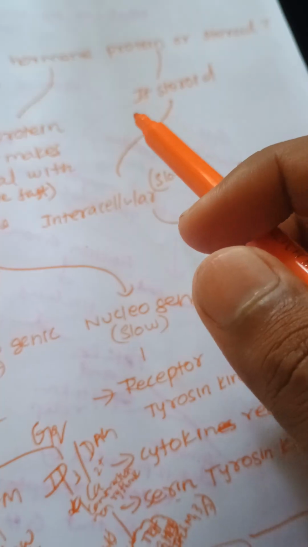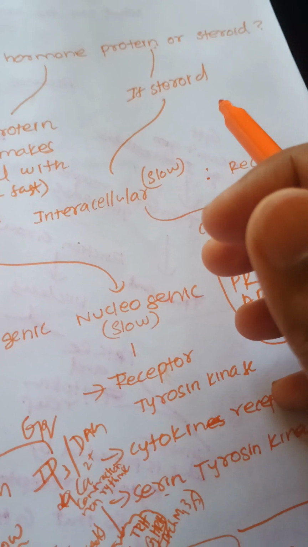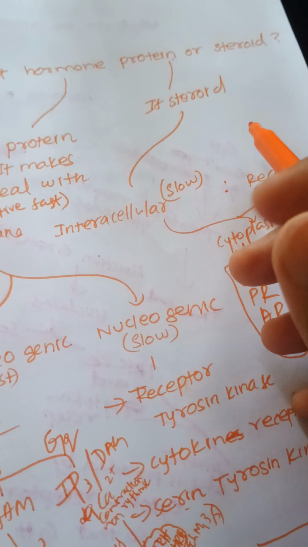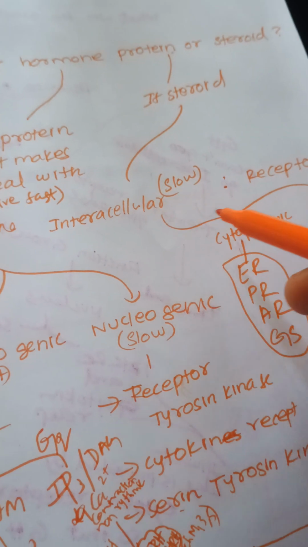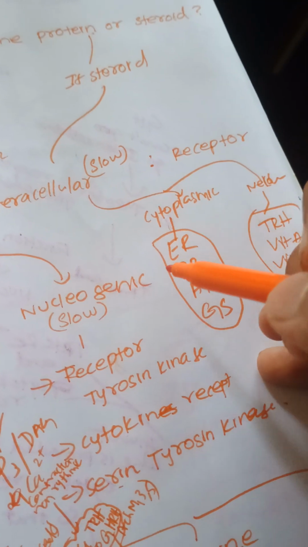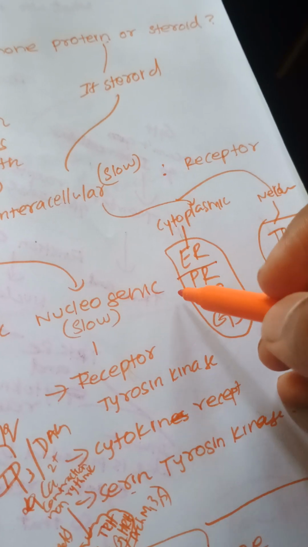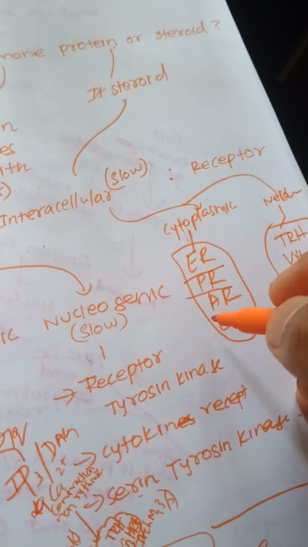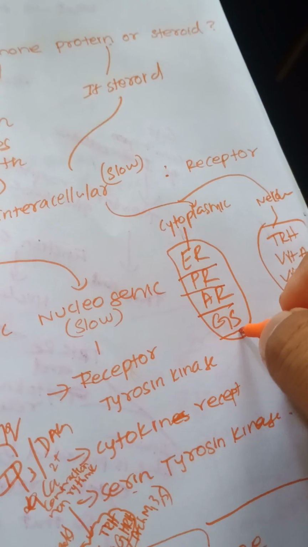Next we will see that steroid hormones bypass the cell membrane because they are lipid substances. The intracellular receptors are also of two types: cytoplasmic receptors and nucleic receptors. Cytoplasmic receptors are estrogen receptors, progesterone receptors, androgen receptors, and glucocorticoid receptors.